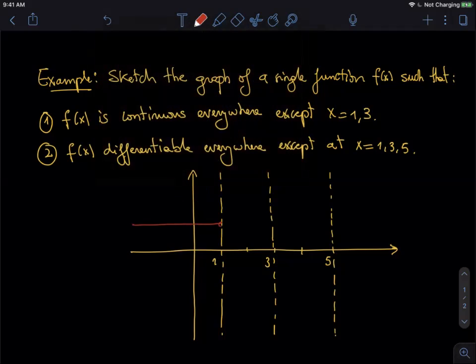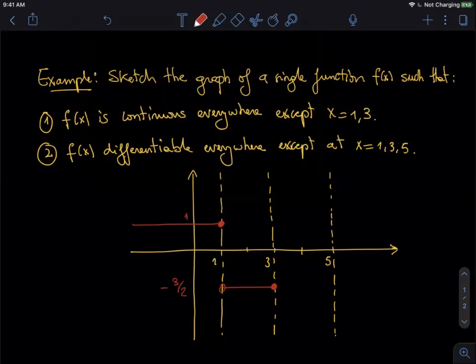So it can be something constant up to 1, okay? And then continue somewhere else. Let's say it continues from, so this could be 1 and this could be -3/2, okay? It could continue like this.